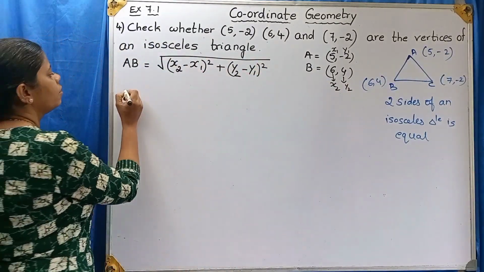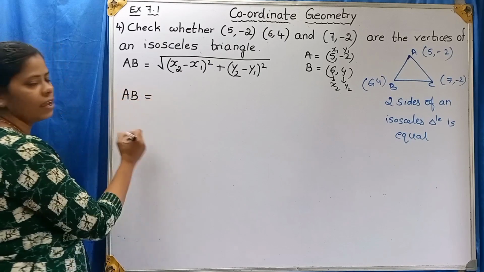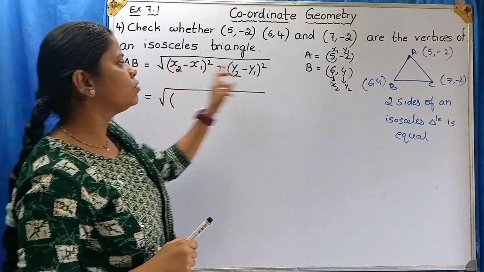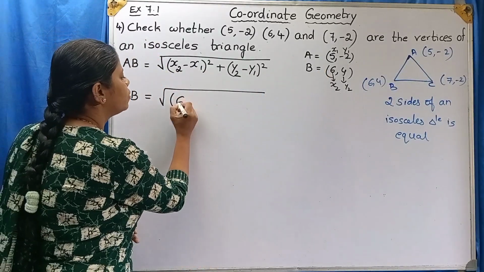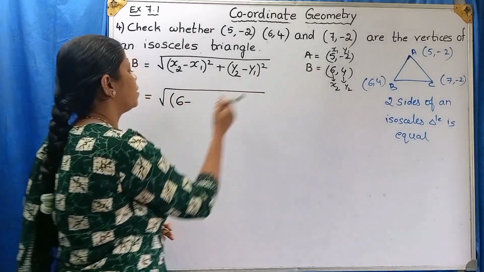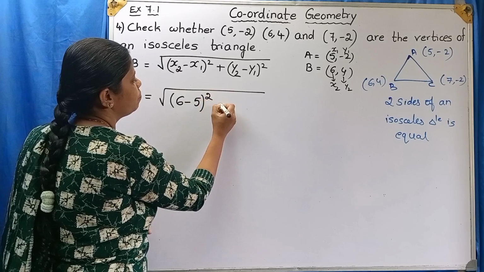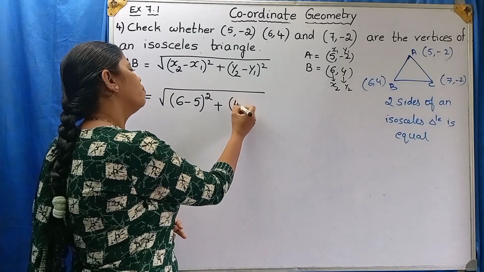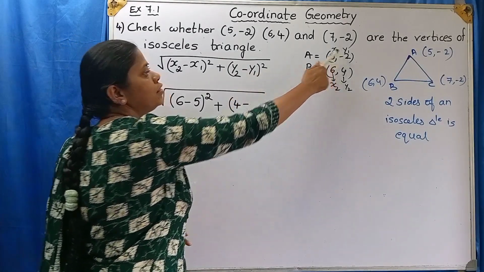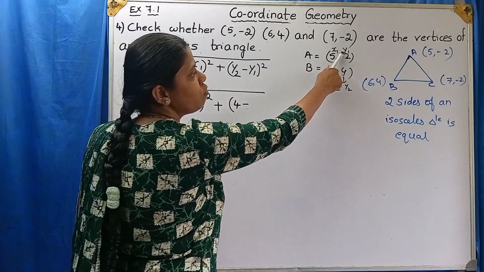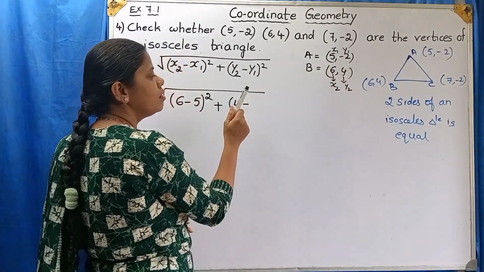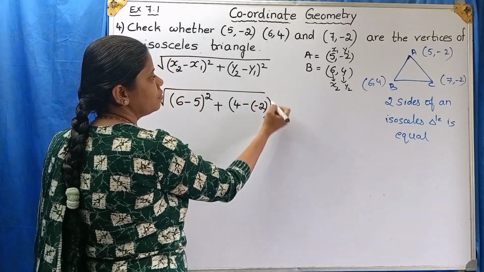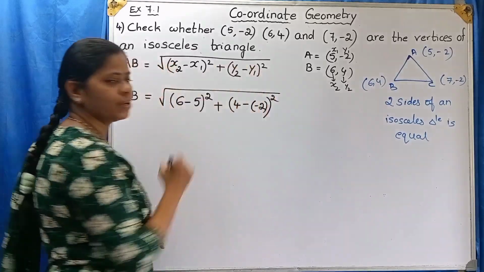AB is equal to the square root of (6 minus 5) whole square plus (4 minus (-2)) whole square. Look carefully: the value of y1 is minus 2, therefore let us take it in brackets.